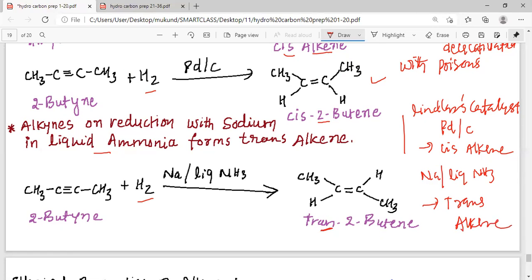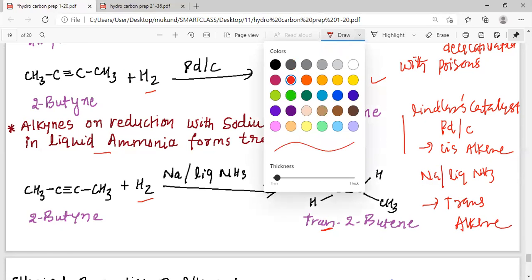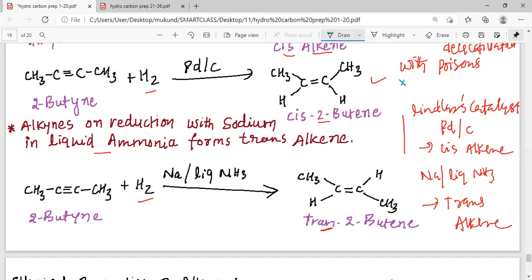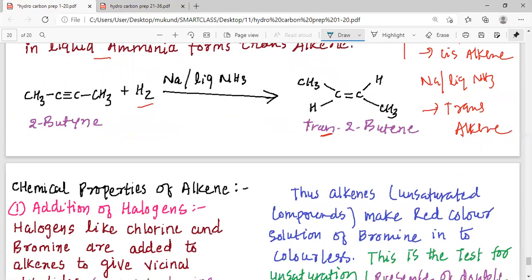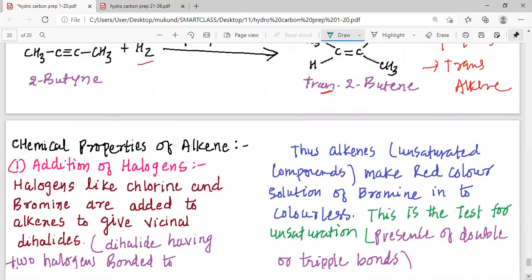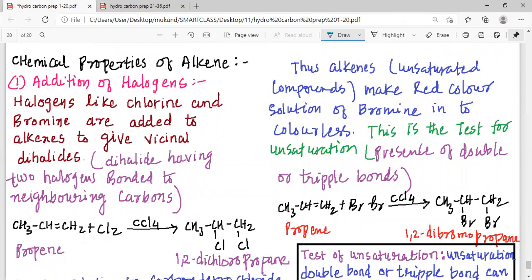And this is how we can prepare the various alkenes from alkynes. It's a simple process by which we can prepare cis alkene or trans alkene as a major product using the various reagents.